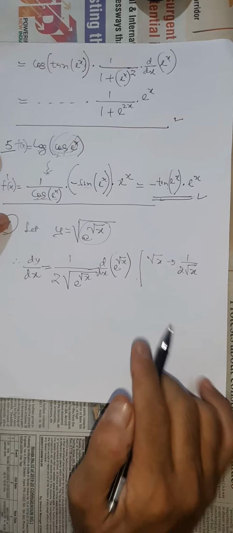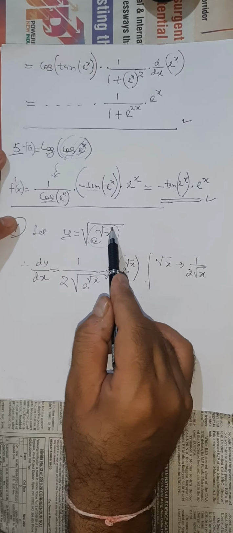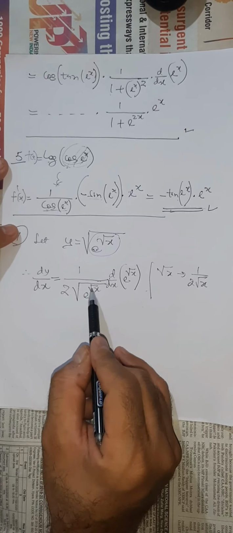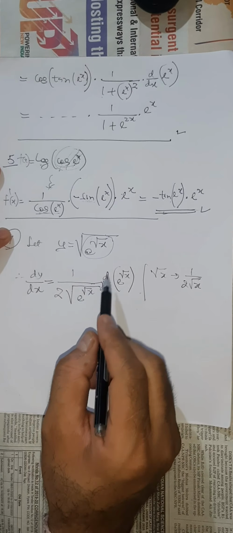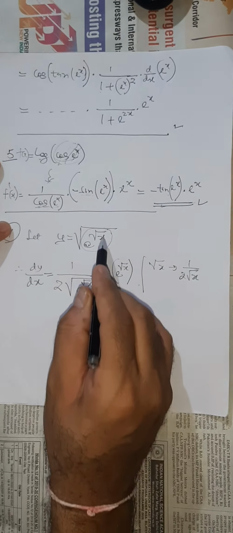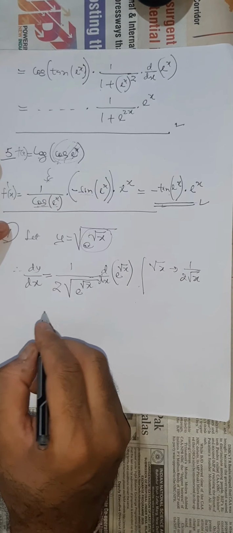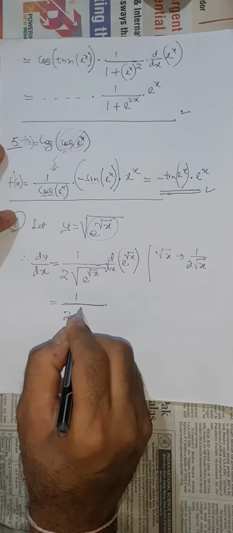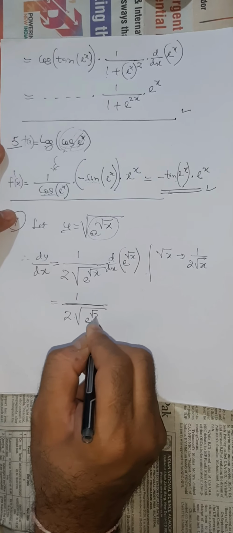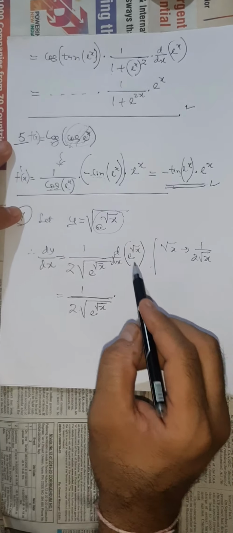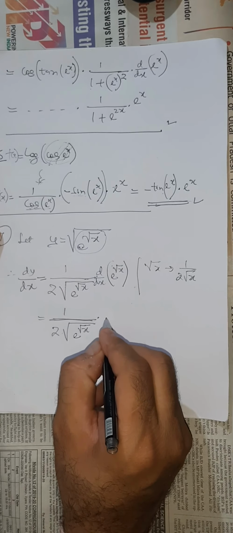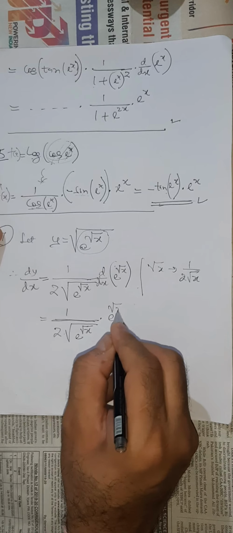I repeat, you imagine this as x. What's the derivative of root x? 1 upon 2 root x. You copy that root expression into d by dx of this expression. So this is 1 upon 2 into e raised to root x into, now you imagine this as x. What's the derivative of e raised to x? E raised to x.